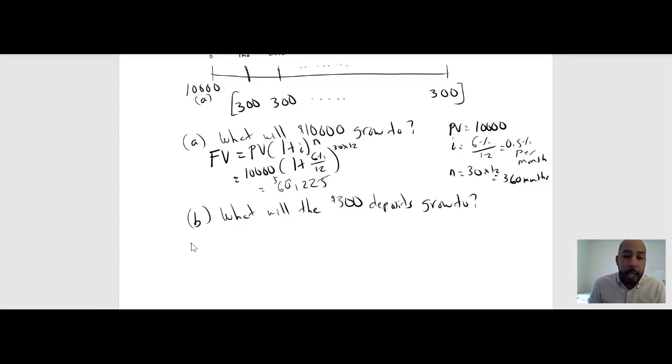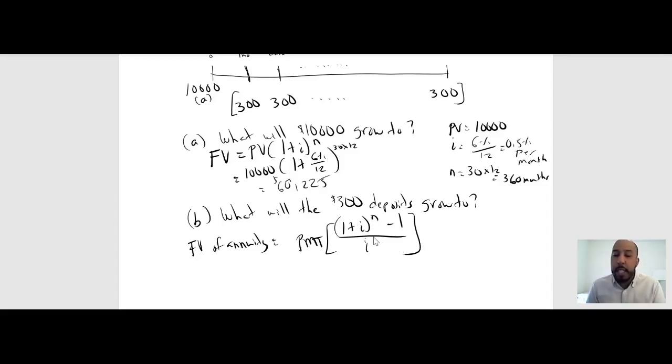So figuring out the future value of the annuity part, the future value of the deposits, there's another formula that we have. It's a little more complicated. This is equal to the payment size times 1 plus the interest rate raised to the n power, minus 1, divided by the interest rate.